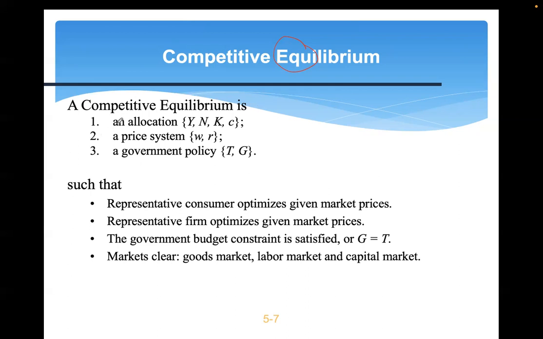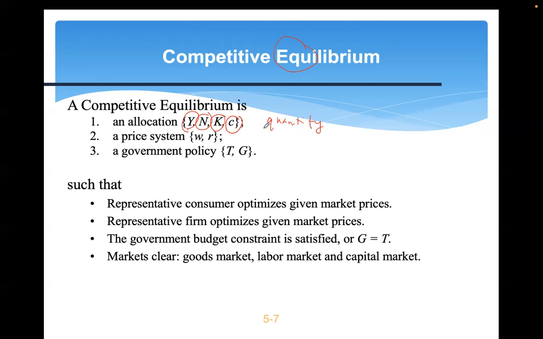And in this equilibrium, there are three things that characterize it. First is allocation, which is like quantity. This includes output, labor supply and demand, capital, which again is exogenous, given, and consumption.